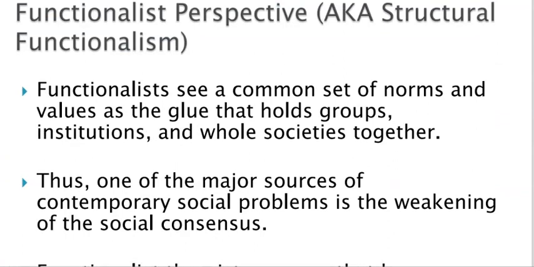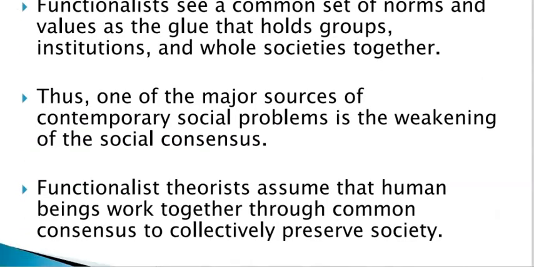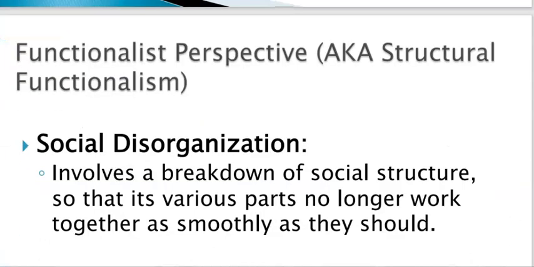So functionalists see a common set of norms and values as the glue that holds groups, institutions, and whole societies together. Thus, one of the major sources of contemporary social problems is the weakening of the social consensus. Functionalist theories assume that human beings work together through common consensus to collectively preserve society.